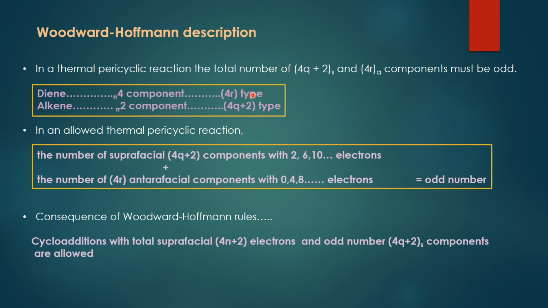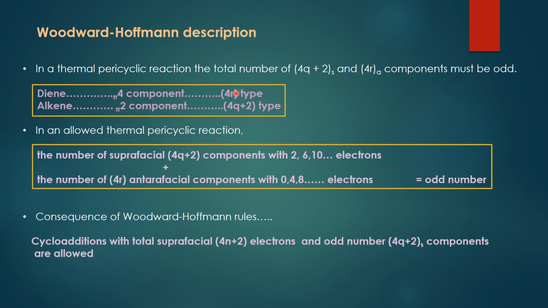We have seen that. Here, since this is a 4-pi component system, this is a 4R type. That means 4 into some multiple, where R is some integer. 4 into 1 is 4, 4 into 2 is 8. So the diene is a 4R type, that means 4 into 1, that is 4.